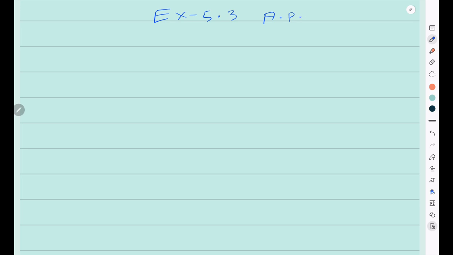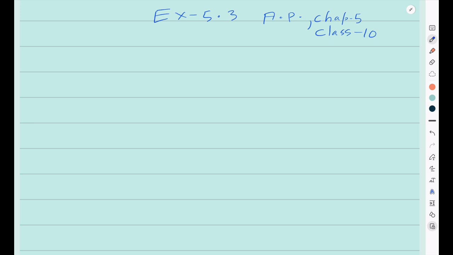I should write AP, and that is chapter 5 of the class 10 NCERT book. I can again remind you that you can always download the PDF version of this book freely from ncert.nic.in.